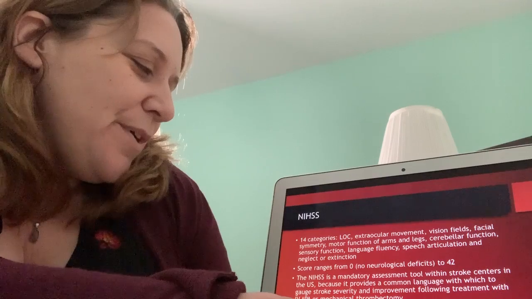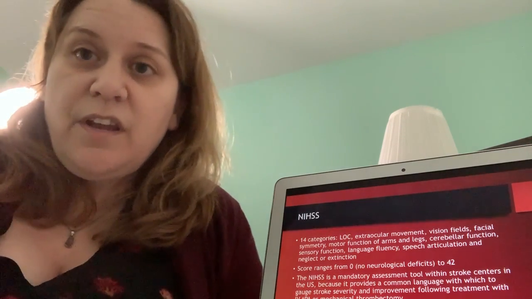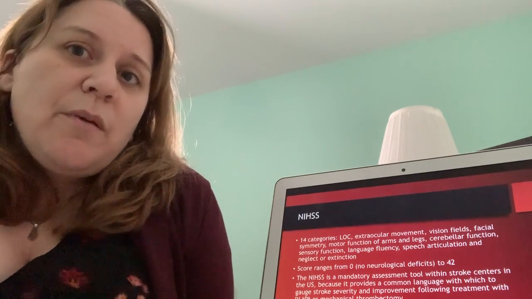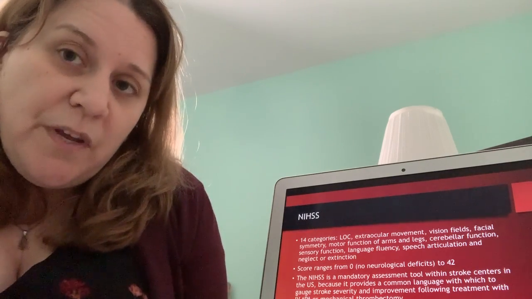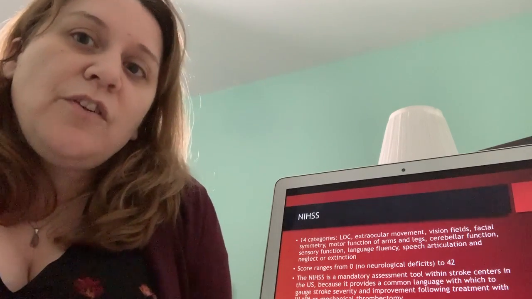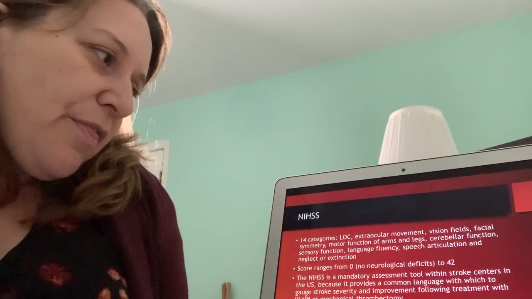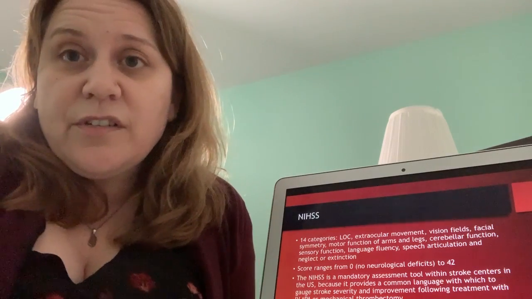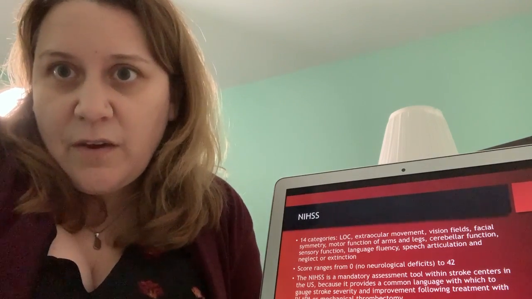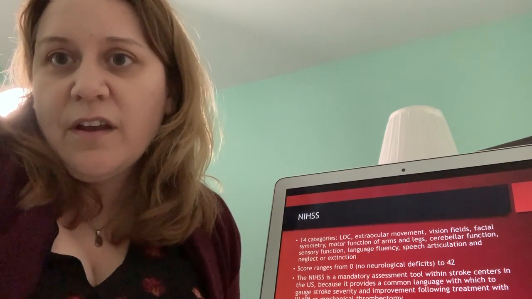Another thing with the NIH is it's a mandatory assessment tool in stroke centers in the U.S., so any hospital that provides care to acute stroke patients, clinicians are mandated to communicate and document using the NIH stroke scale. And I thought that was pretty interesting. It's done because it provides a common language and a way for people to communicate.